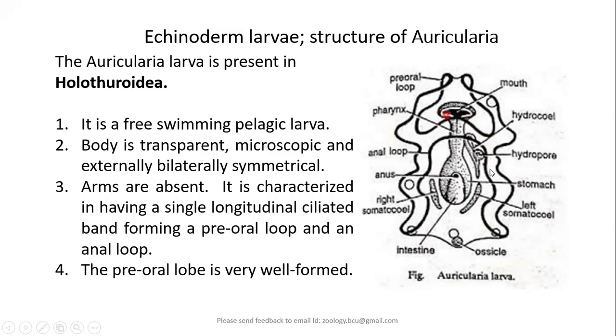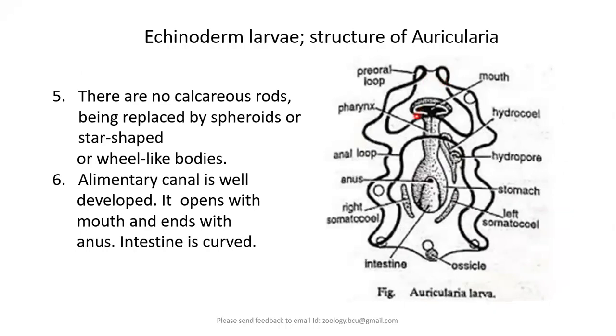Another important feature of Auricularia larva is that it is characterized by the presence of a single longitudinal ciliated band forming a pre-oral loop as well as a pre-anal loop and an anal loop, we can say. The pre-oral lobes are also well developed here and there are no calcareous rods separating these arms.